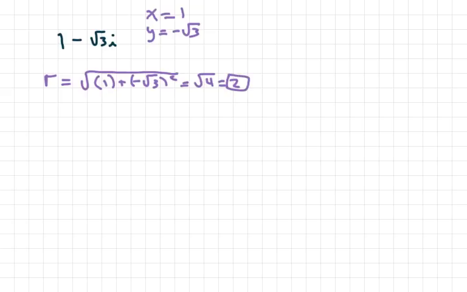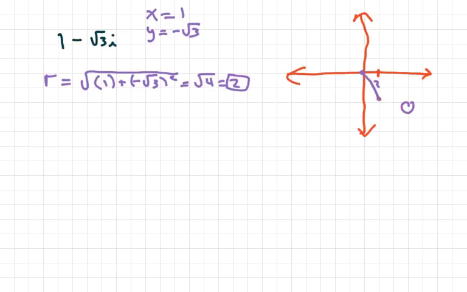And now I'm going to go ahead and plot this somewhere just to see where we're at. Or you can kind of do this without even looking. So my x is 1, and my y is negative square root of 3. So basically here it is, and this length here is 2.